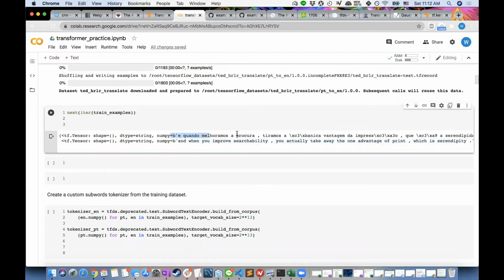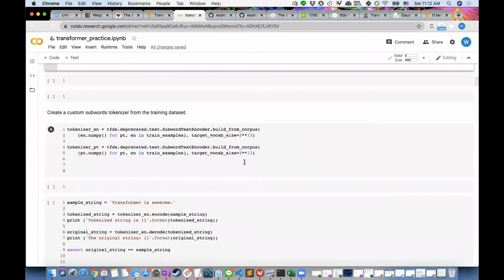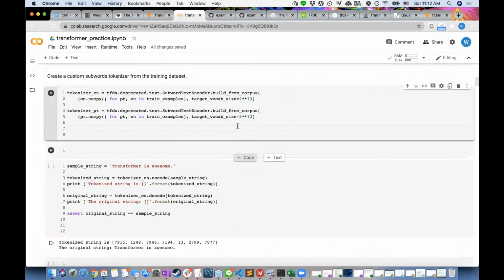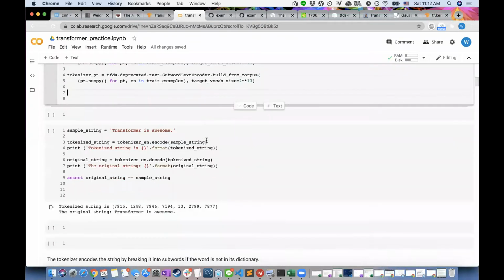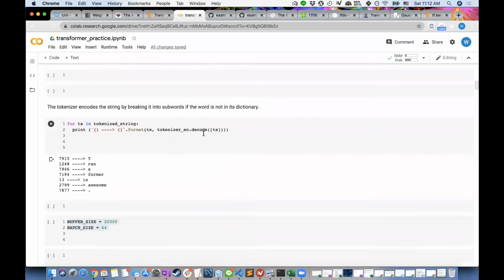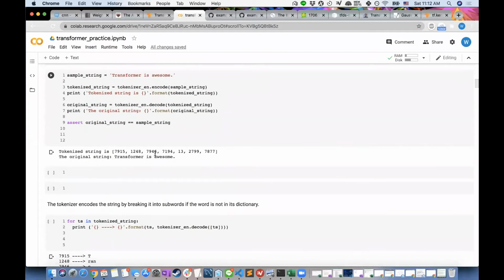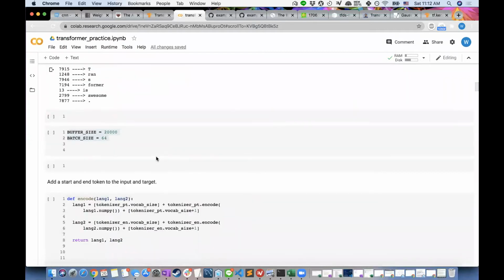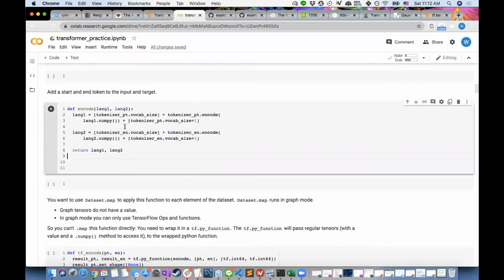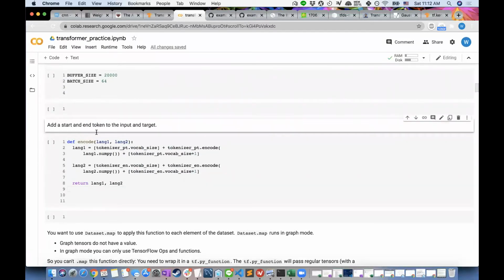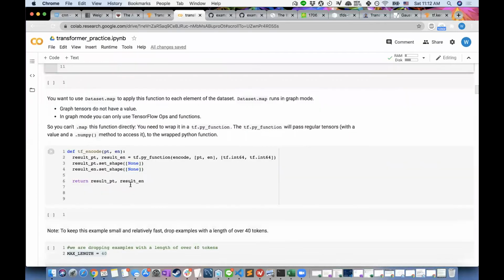The sentence that you want to translate from gets inputted into the encoder. And this basically just helps you to tokenize. Then you can encode that as well. And just some quick encoding, adding the start token and end token to the input and targets.